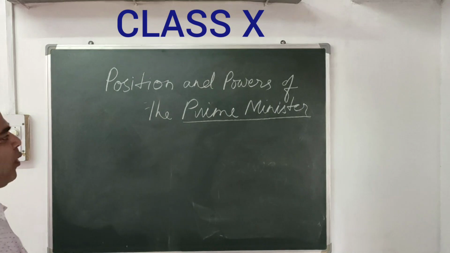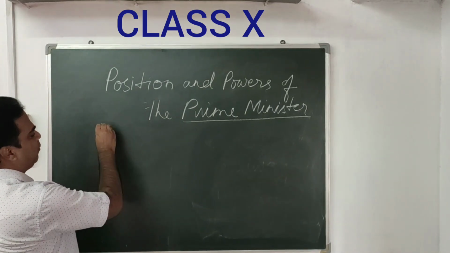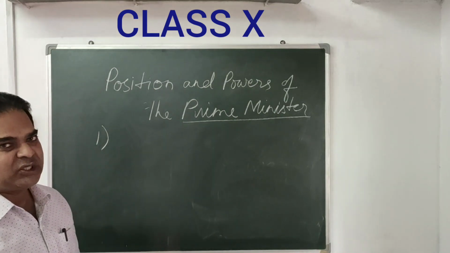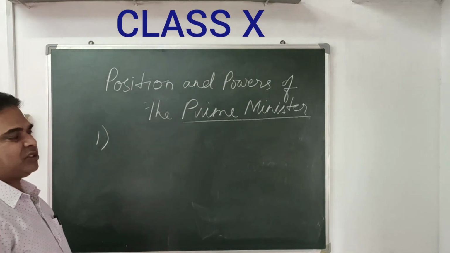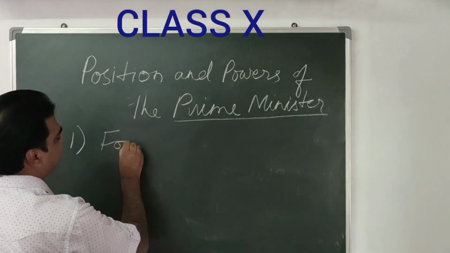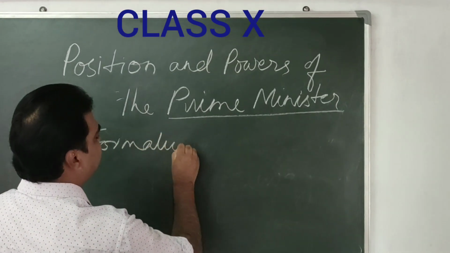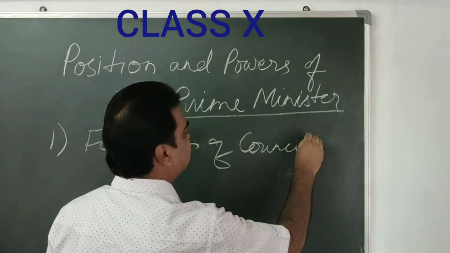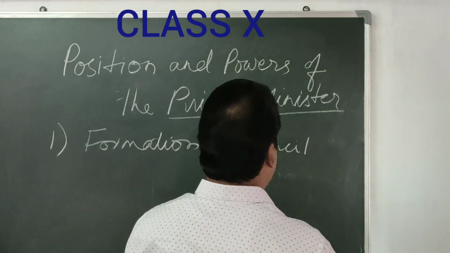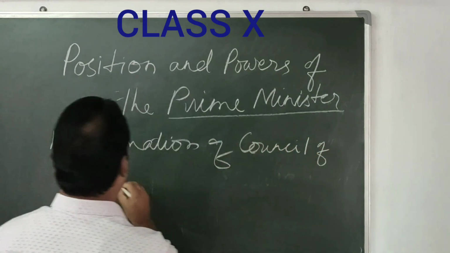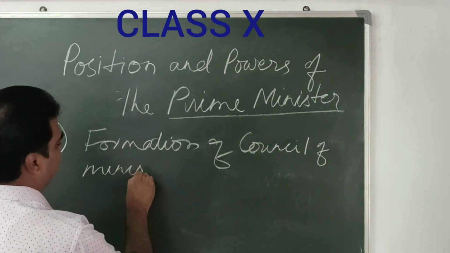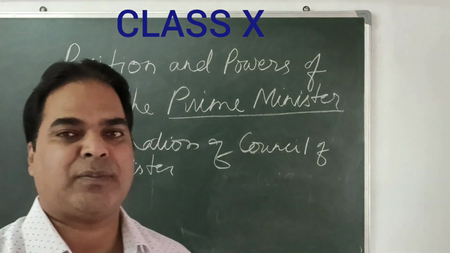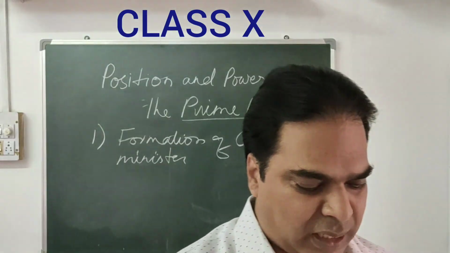Now, the first important power and function of the Prime Minister is the formation of the Council of Ministers. So the first important function of the Prime Minister is that he forms the Council of Ministers.